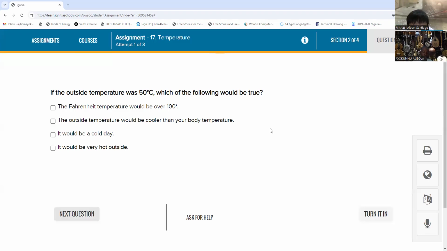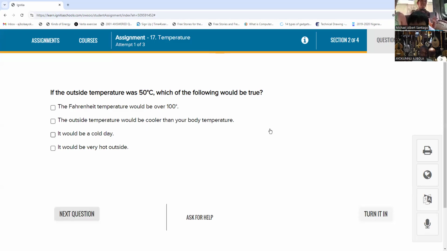Okay, so which one is your answer? 50 degrees C. Let's first convert it to Fahrenheit and see what it will give us, okay? 50 times 1.8, that's 90.